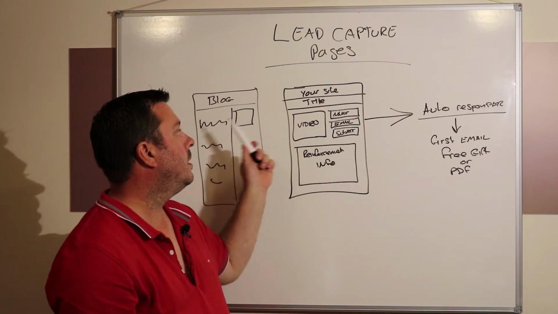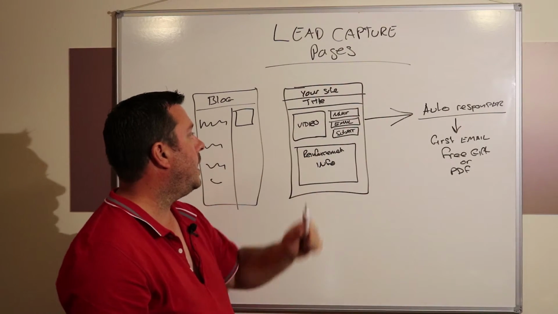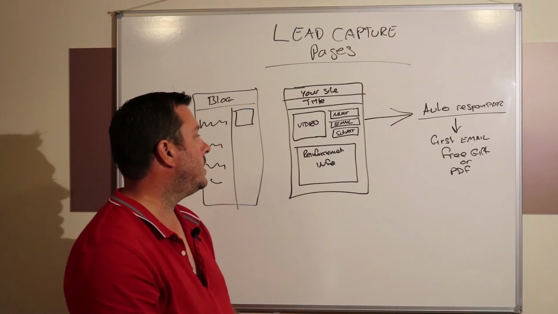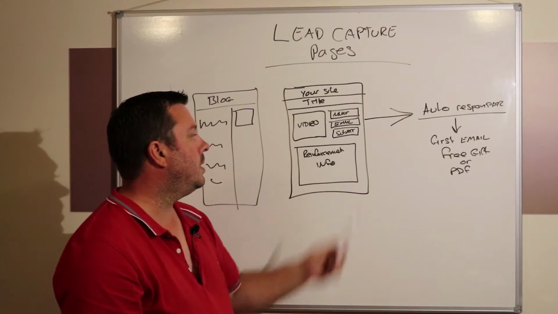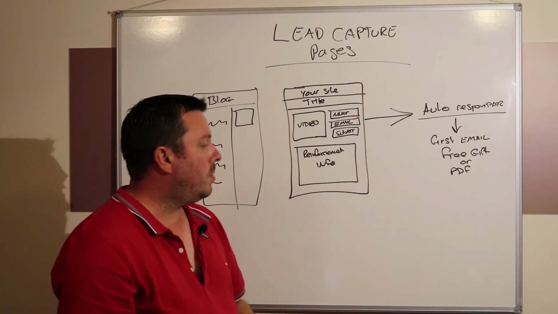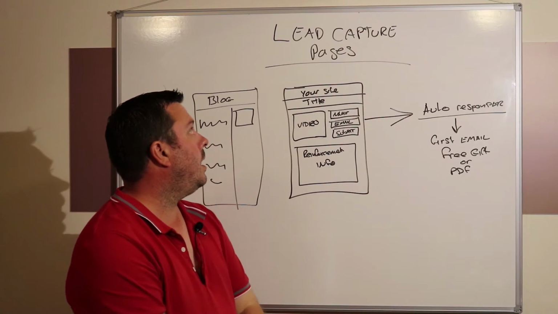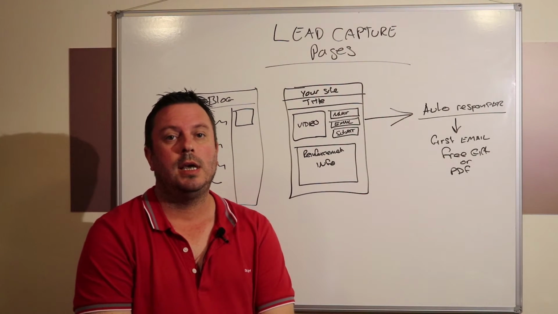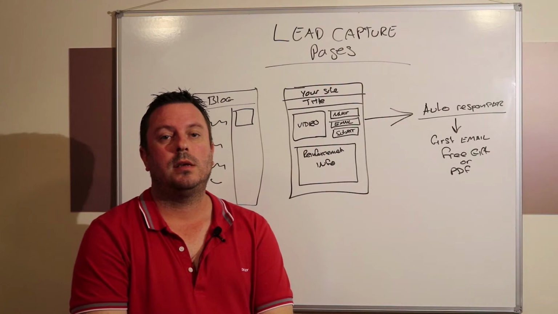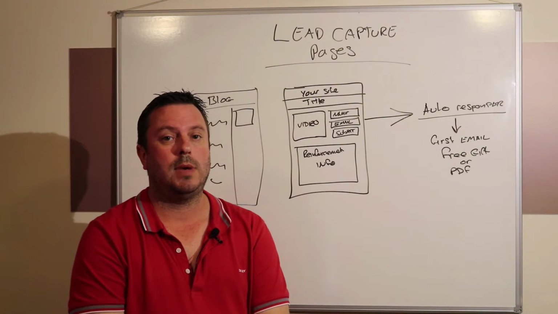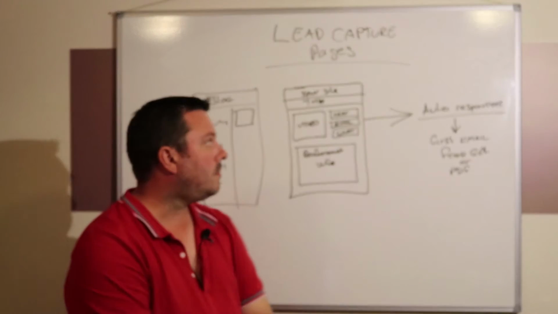Your site, your title, your video, your opt-in box where people are going to enter their name and email address, and your reinforcement information. Okay, these are very important because lead capture pages are the life and blood of a business. If you're not capturing leads, then you're only going to ever have one customer who ever visits your site.